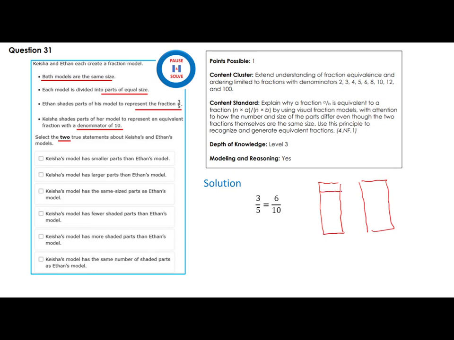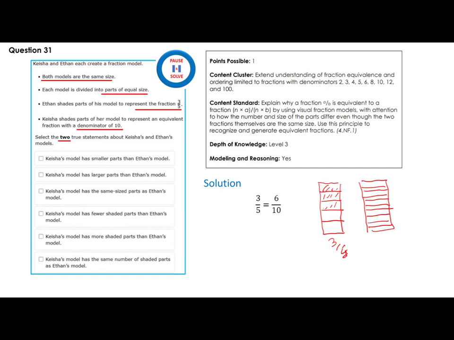This is 1, 2, 3, 4, 5. The other one, 10, okay? So she covered 3 over 5. That's 3 over 5. What's that?